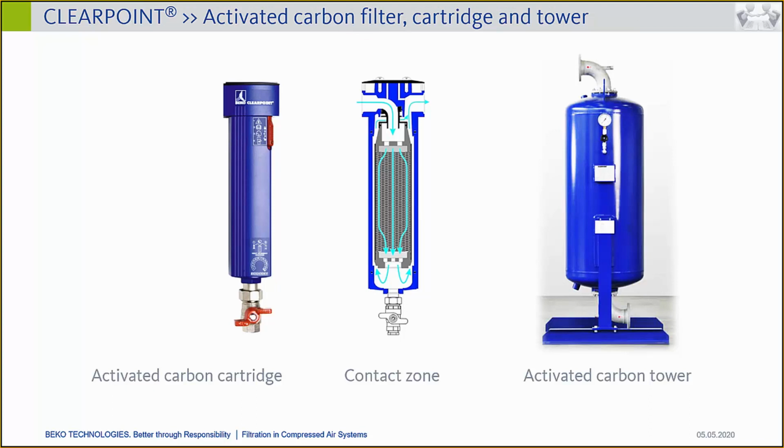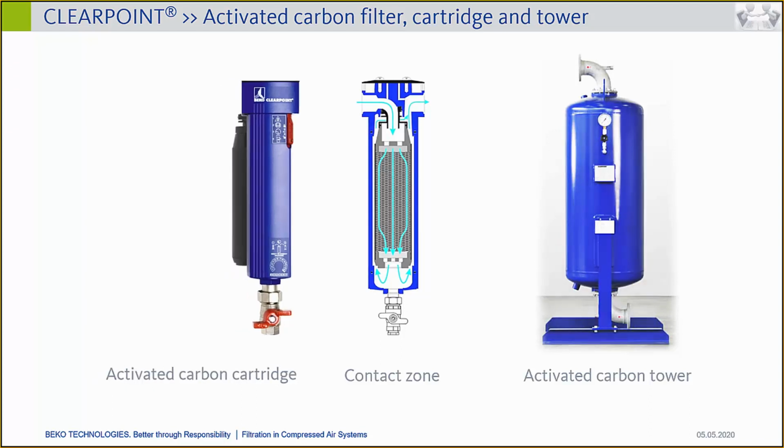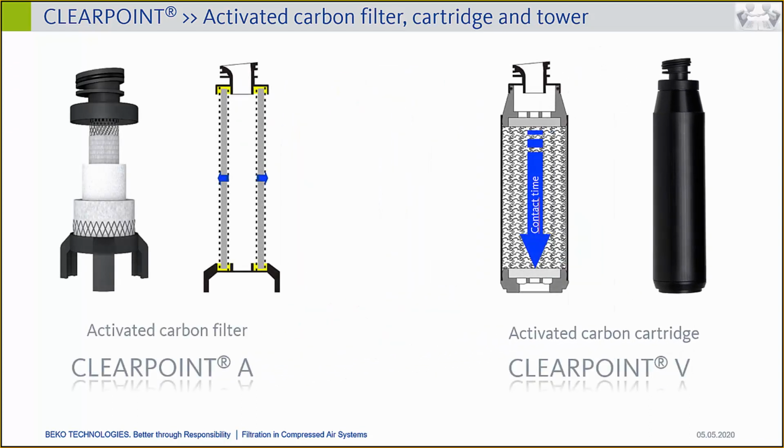Let's once again compare the activated carbon filter with the activated carbon tower. So easy to identify that we have the different contact time here from cartridge to activated carbon filter.